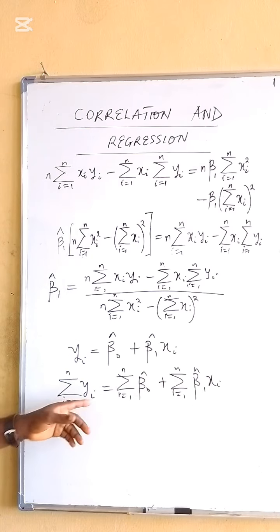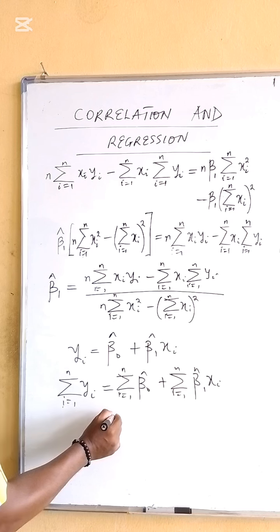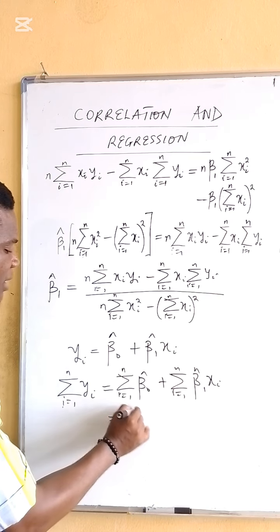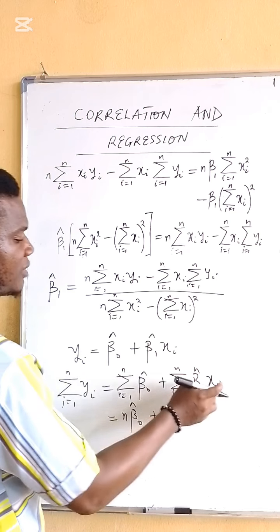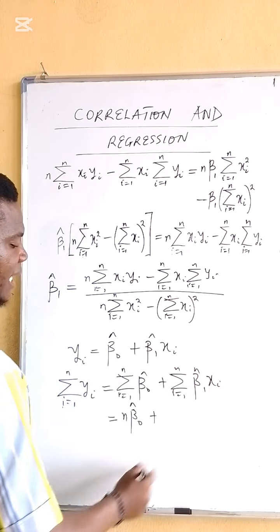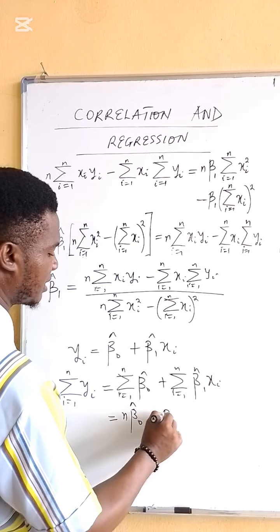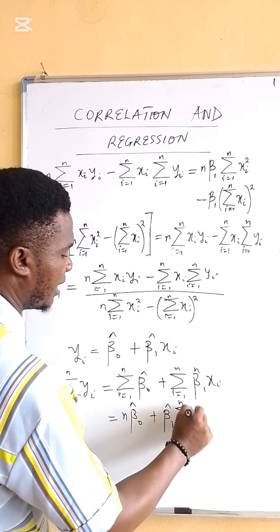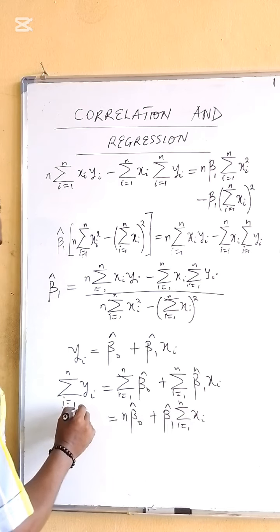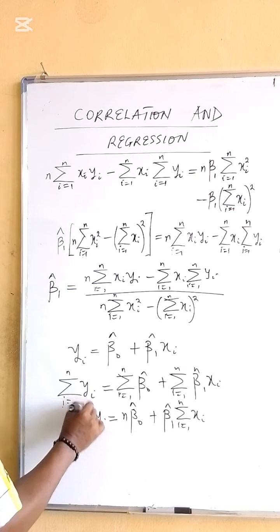Of course, beta naught cap is a constant, so summing a constant n times will give you n beta naught cap. And summing this product of a constant and xi, the variable there, would mean the constant comes out: beta 1 cap summation from i equals 1 to n xi. And this will give you summation yi from i equals 1 to n.